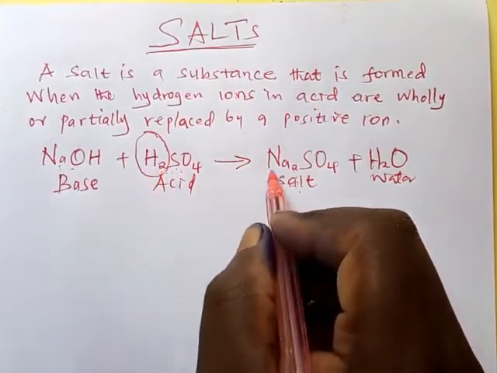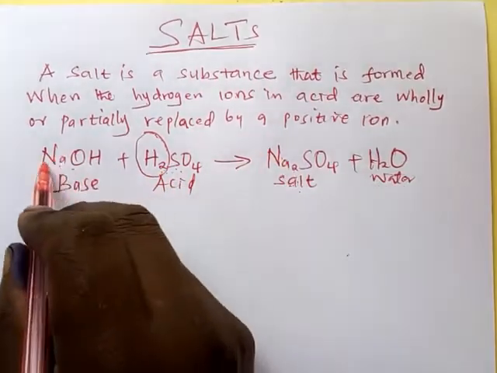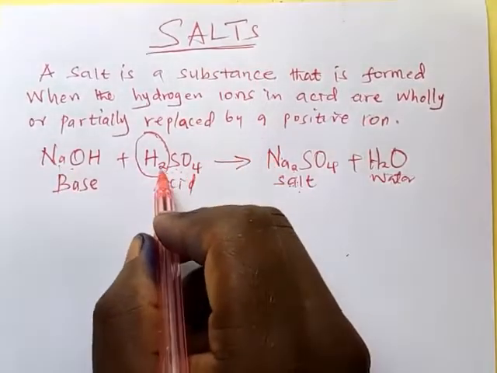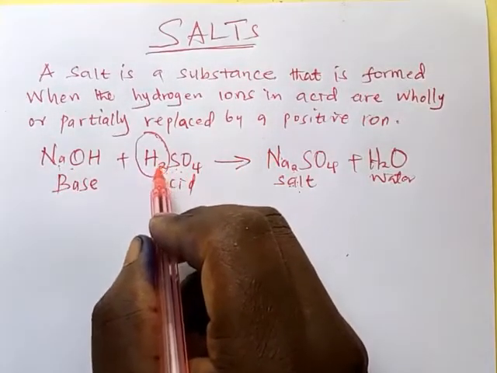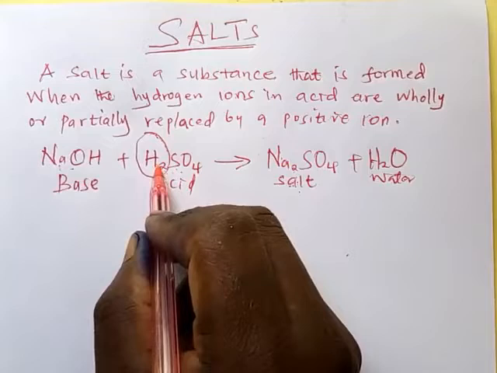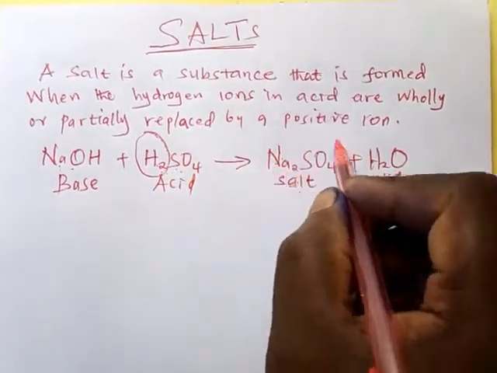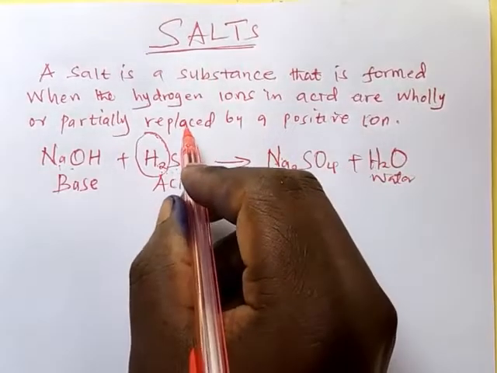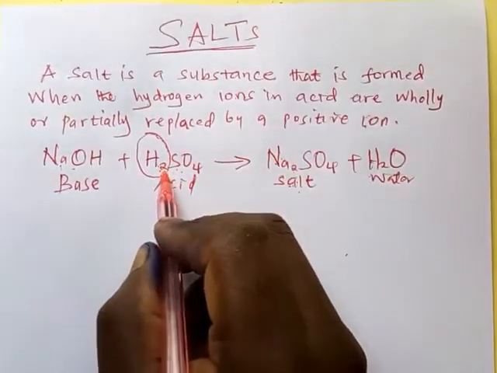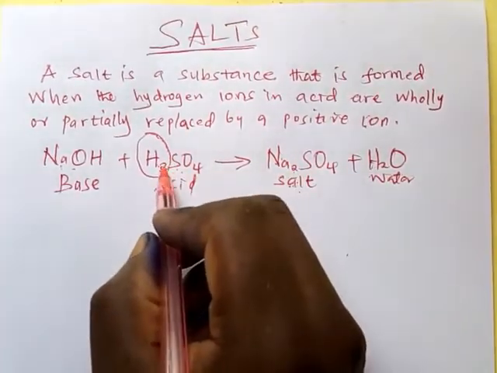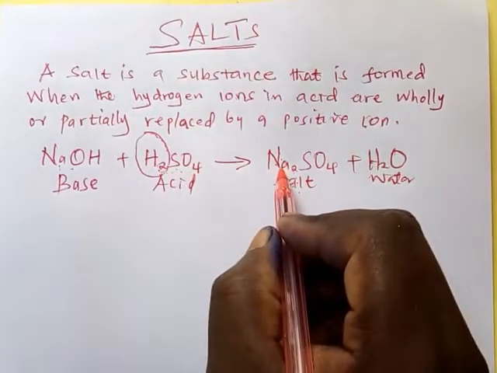So the cation, the sodium ion, has displaced the hydrogen ions in the acid. When the positive ion replaces the hydrogen ion in an acid, a salt is formed.